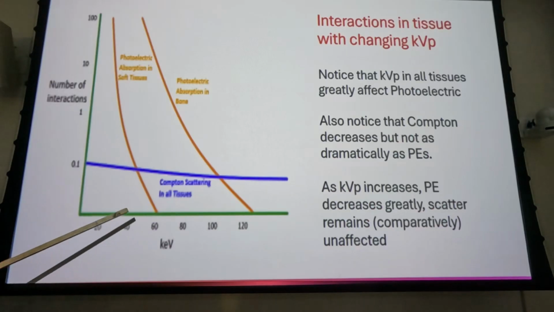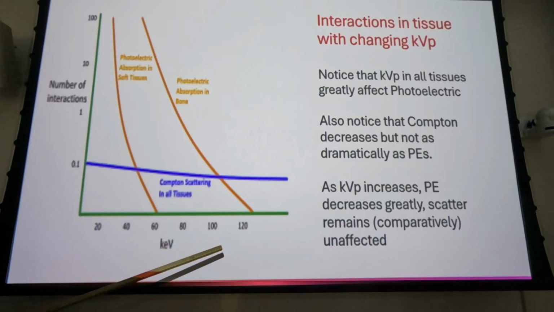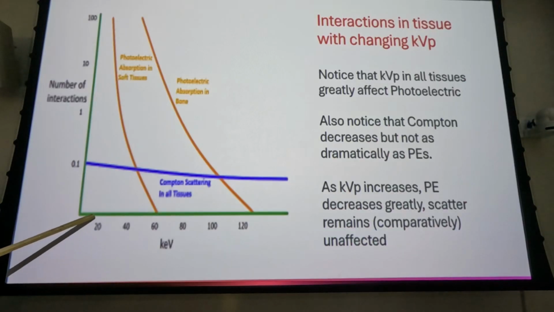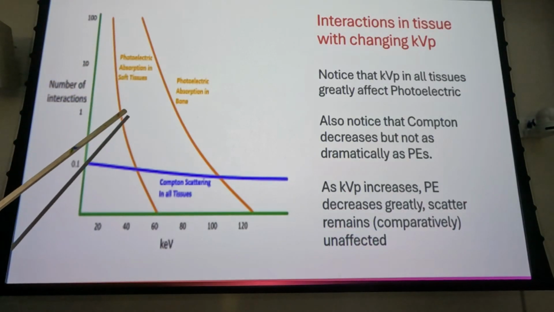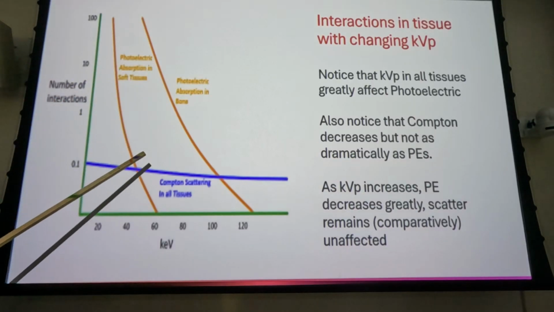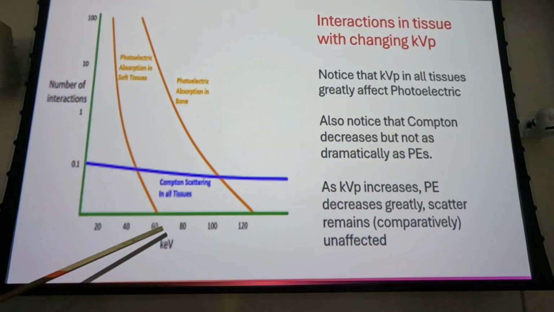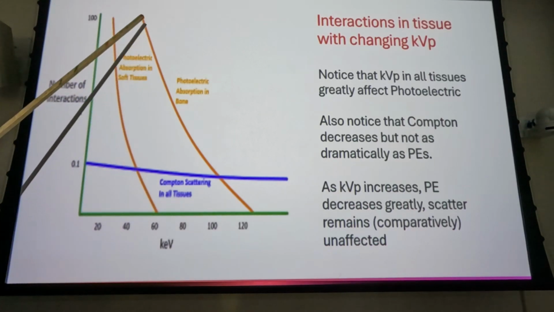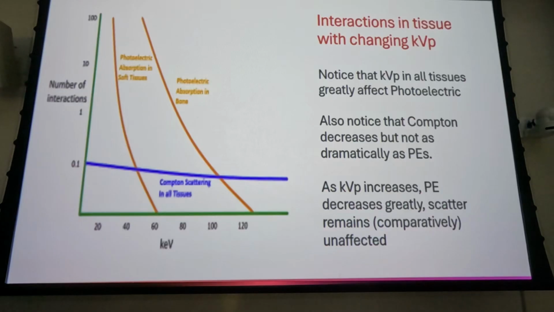So at these low kVps, we've got 20, 40, 60, 80, 120. At 20 kVp, what is our photoelectric absorption? We don't even get there until we hit about 60 kVp. So at 60 kVp, what's our photoelectric absorption, high or low? High. Very high, right. At 120, almost nothing.